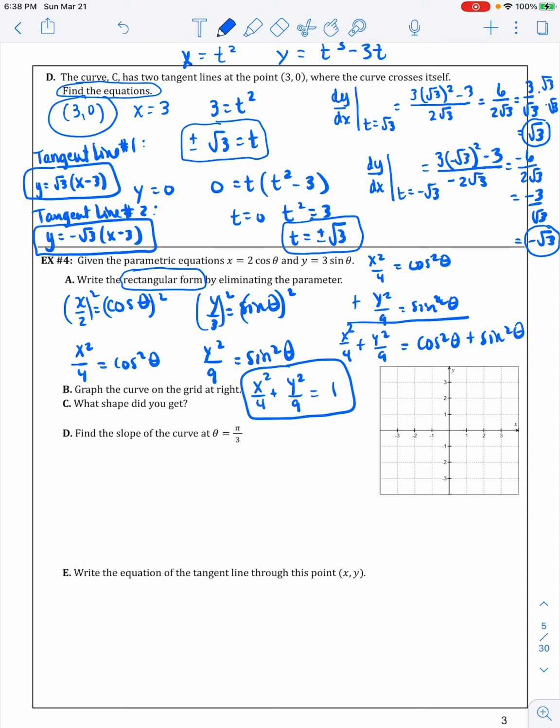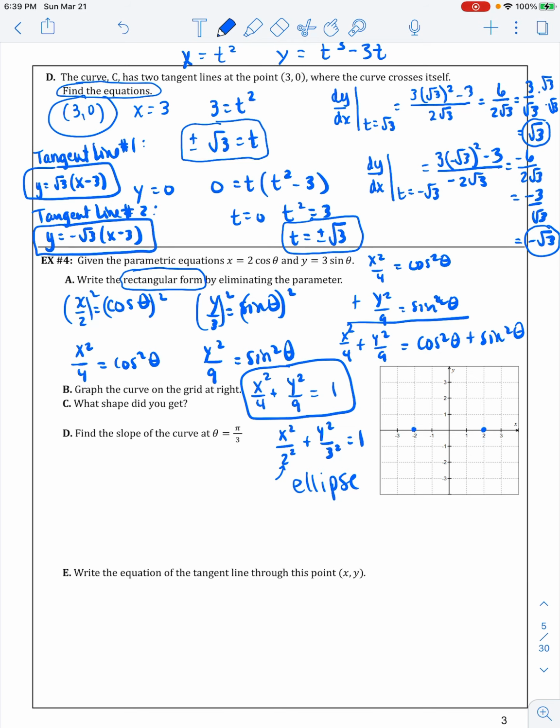And if we graph this, I hope you remembered that this is like x squared over 2 squared plus y squared over 3 squared equals 1. And this is in the format of an ellipse. And this 2 right here says how far away from 0, 0 you are on the x-axis.